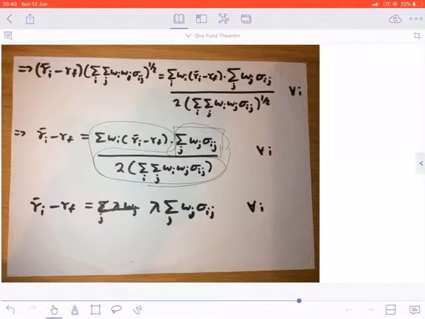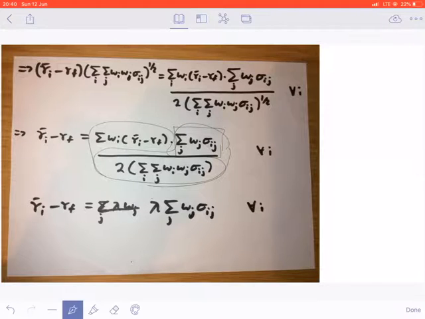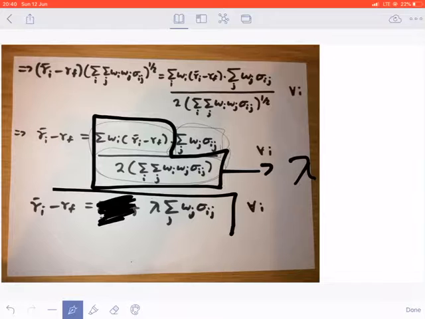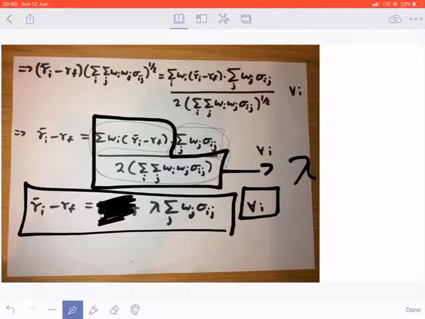If this thing is going to be your lambda, let's say this part is equal to your lambda, then you can write it this way. That's how it is. Again, don't forget, this is for all assets i. So you're going to do it for each individual asset i.